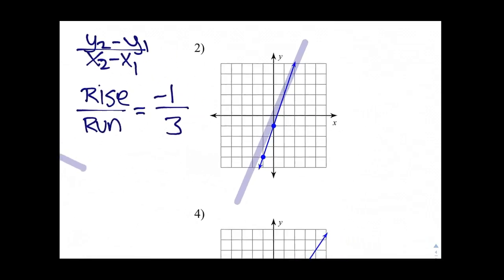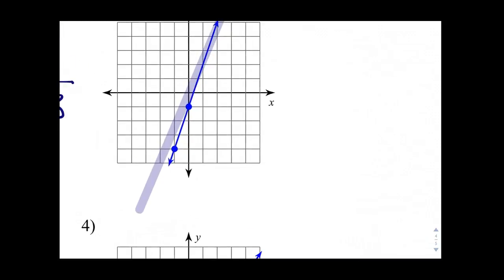Okay, so I'm going to go from my left point to my right point, and I move my up and down first. I do my rise first. My rise in this case is going up 1, 2, 3. Since it went up this time instead of down this time, the 3 is positive.